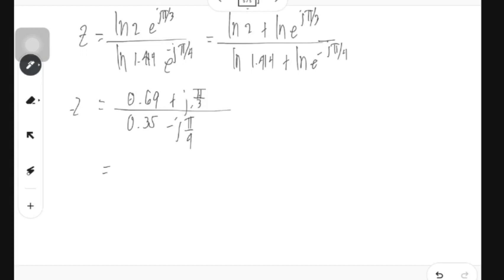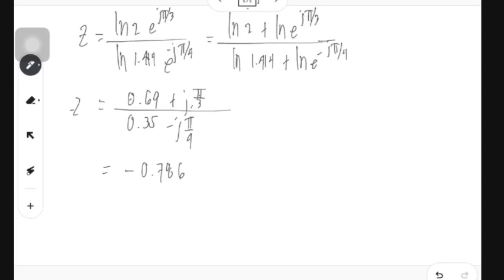Negative 0.7858 po yung real, sir. Ano, negative? Negative 0.7858. O de 786. Correct to 3 decimal places.